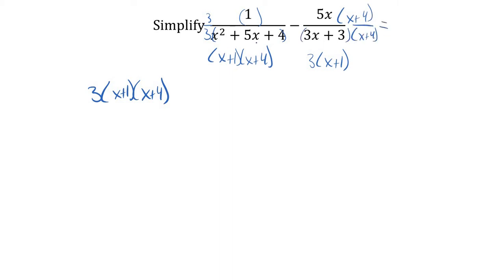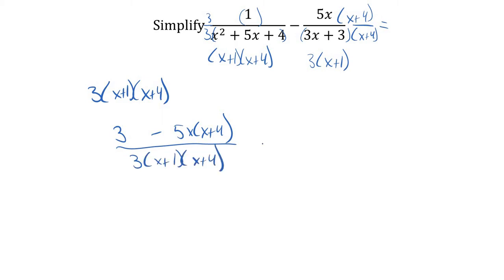Okay. Let me come down below now. So this would give me 3 minus 5x times x plus 4 all over our denominator of 3 times x plus 1 times x plus 4. And let's simplify this top a little bit.